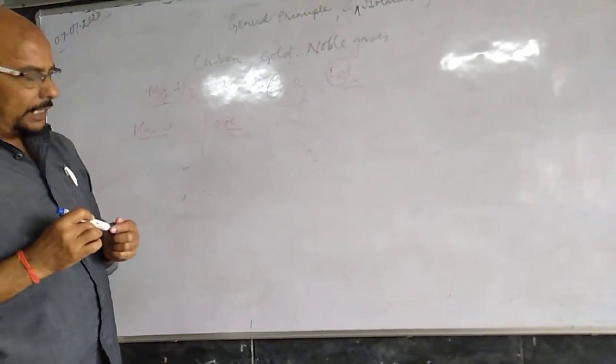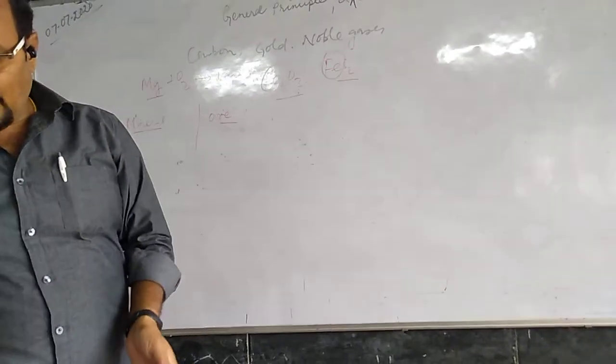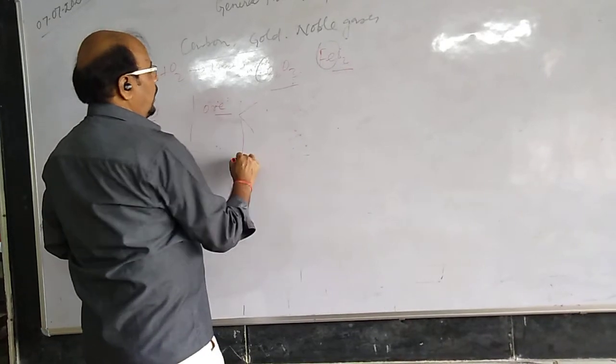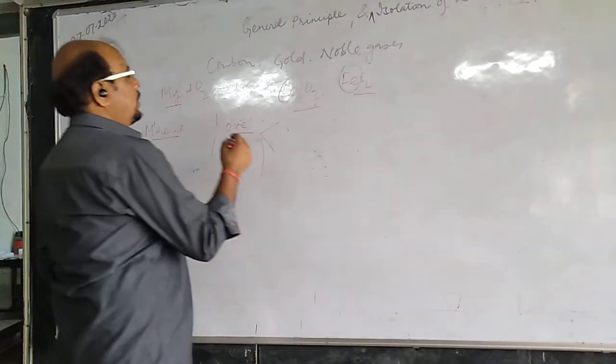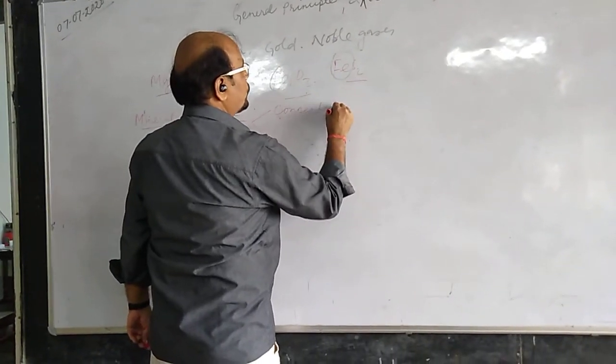And how are they extracted? They are extracted by certain processes. There are two or three important processes from which the elements are extracted from their ores. And these processes are, the first one is concentration of ores.